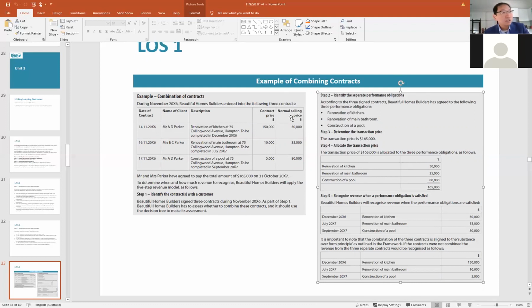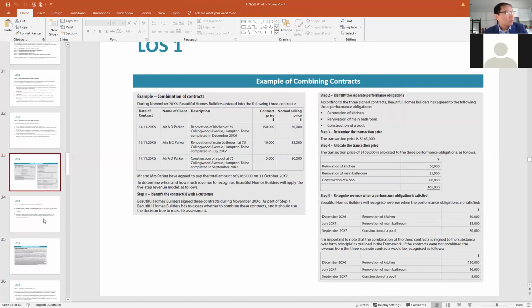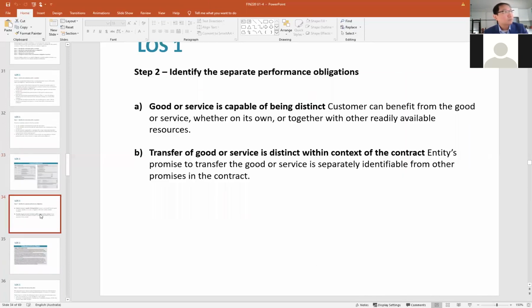There will be different incentives that companies have when they deviate from their normal price and price things differently. But in this particular case, because the date on which the contracts are entered and the sole commercial objective are really one and the same, we need to combine these contracts and use the normal selling price. So that's going to be the key requirement for contract combination.